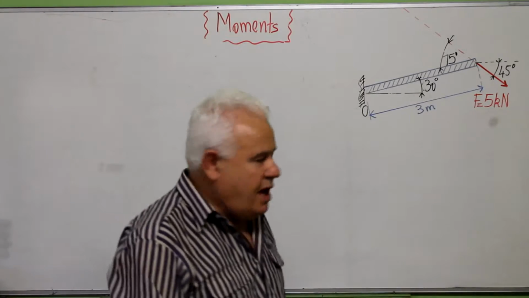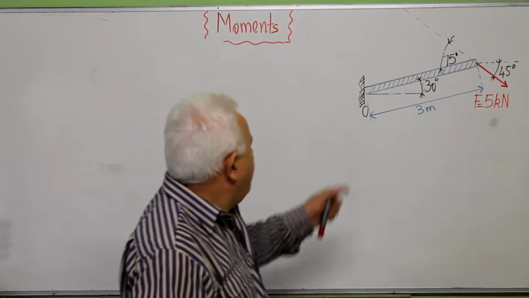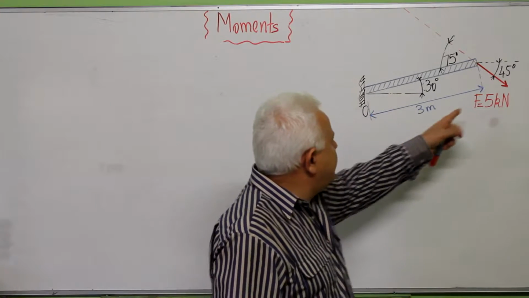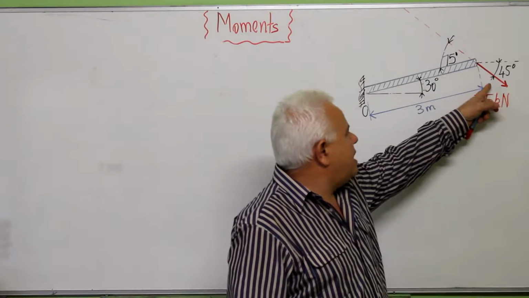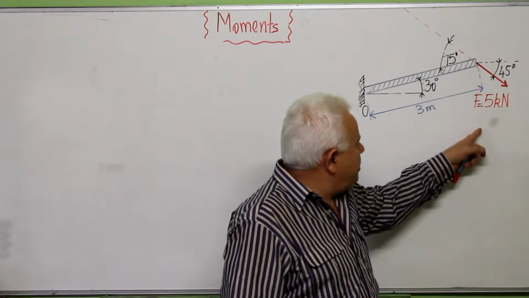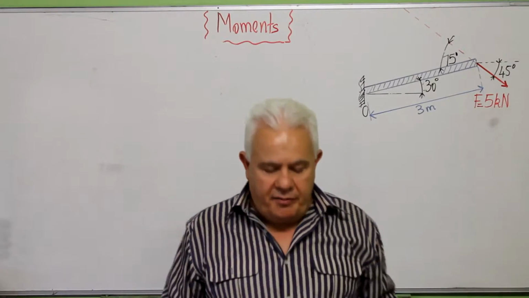Here we have an example in which we have a force F applied to this rod, but not applied at 90 degrees, but applied at this angle, 45 degrees.